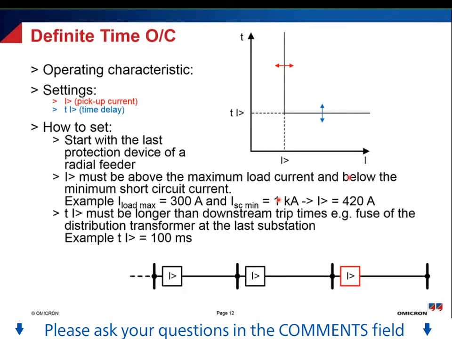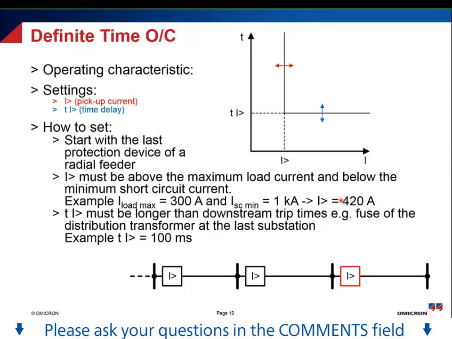And in this case, we choose 420 amps to have at least some distance between the maximum load current and our setting, to make sure that there is no overreaction of the protection system in case of a current close to the maximum load current.